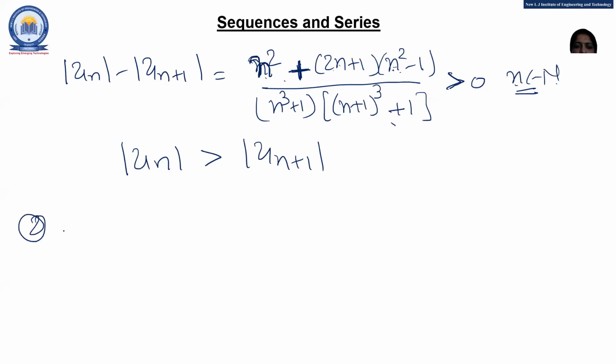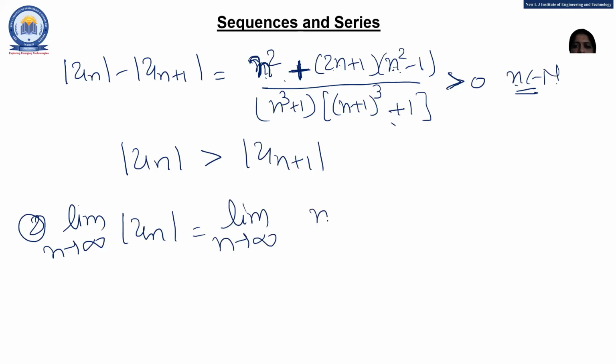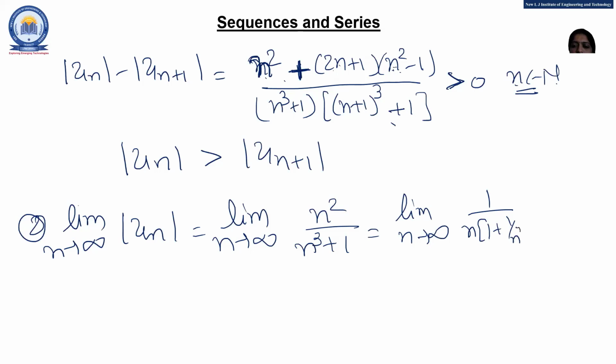And your second condition: limit n tends to infinity of |Un|, that is limit n tends to infinity of n square upon n cube plus 1. If I take n cube common from the denominator, then this n square will be cancelled, and we get 1 upon n times (1 plus 1 upon n cube).